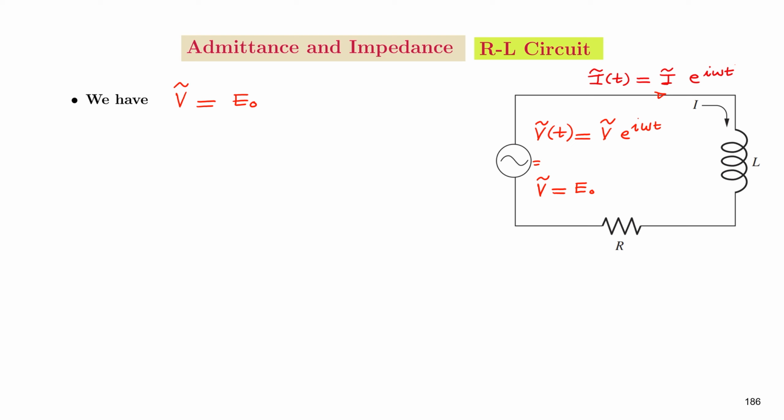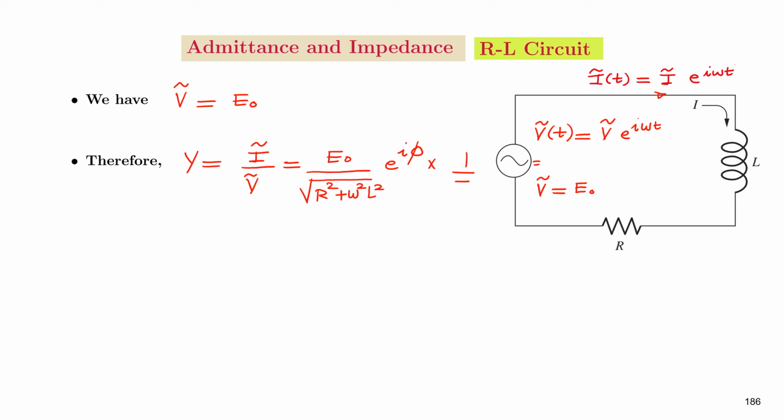Therefore, the admittance is given by I complex divided by V complex, and this is equal to E0 over square root of R square plus omega square L square e raised to i phi multiplied by 1 by E0. E0 gets cancelled.